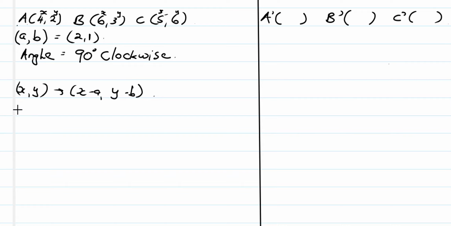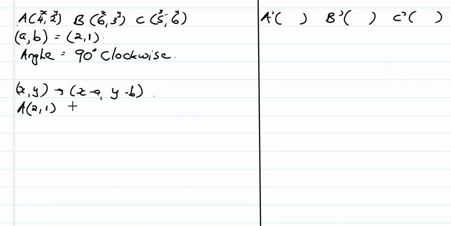So now our first point, I'll just call it A again. We know x is 4, so 4 minus a, and a is 2, so now it becomes 2. And then y is 2 here, but we know our b is 1, so it will now be 2 minus 1, which is 1.